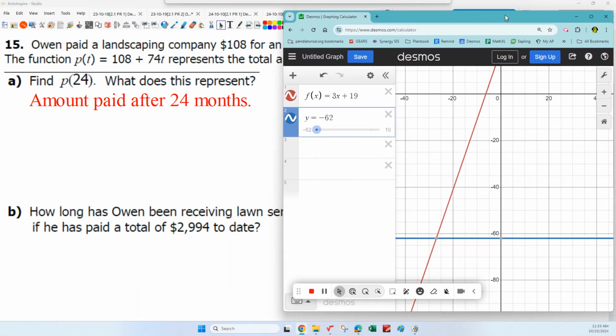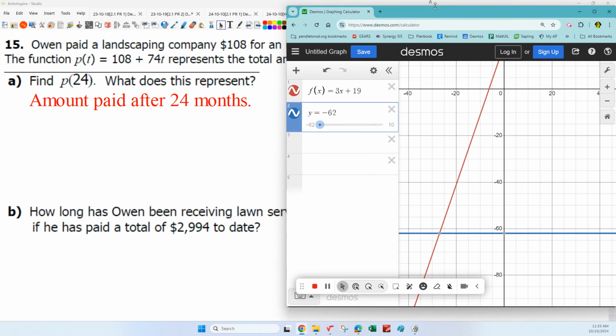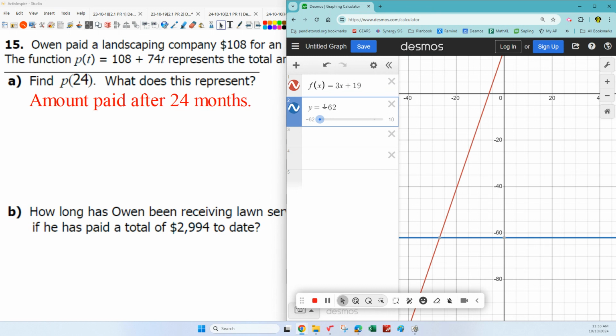We're just going to change our function here to, I'm going to call it P of T, I guess. P of T. And now it's giving me an exclamation point. What's wrong with that function right now? Yeah, I need to use T's.